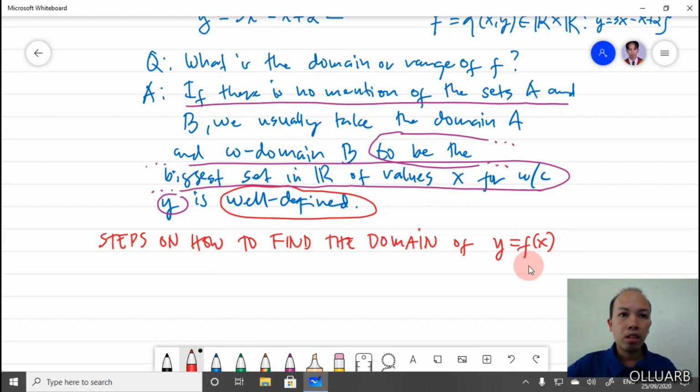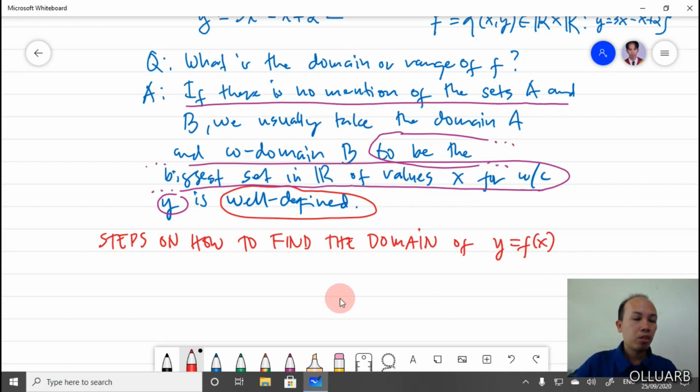Okay, remember that this notation depends on the problem. Usually we use x and y, but the notation f depends on the problem. If the problem uses the notation f or g or h or big F or any other, then all you have to do is replace it.